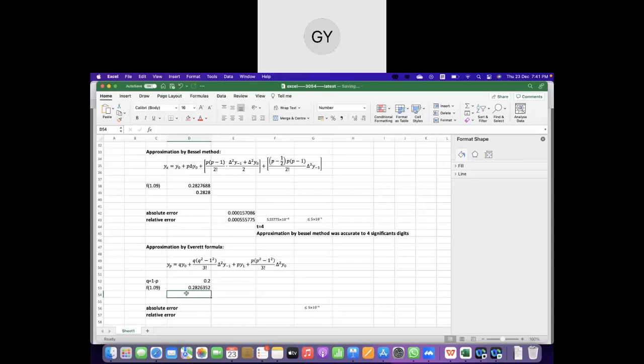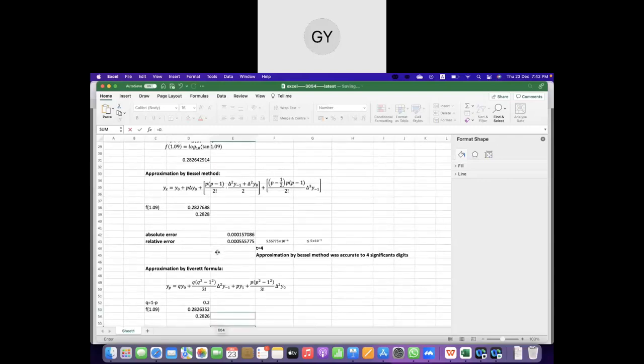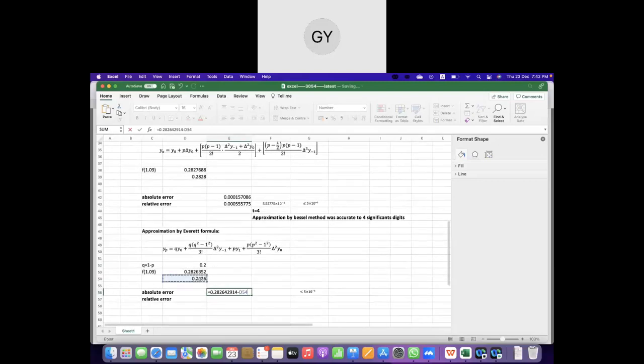Since the question asks for 4 decimal places, we need to write it like 0.2826. The absolute error formula is also the same: the exact value minus the approximation, then take the modulus. So it equals the exact value, which is 0.2826429114, minus 0.2826. Enter.